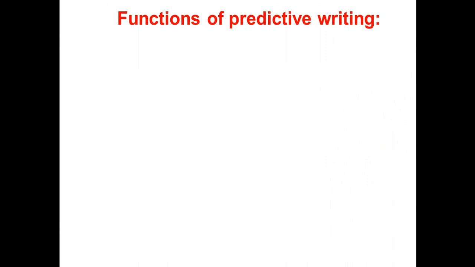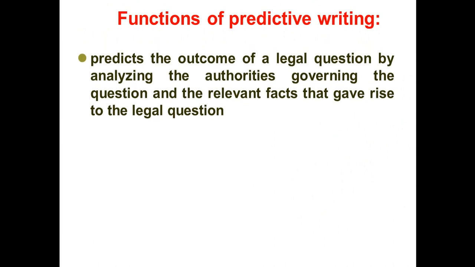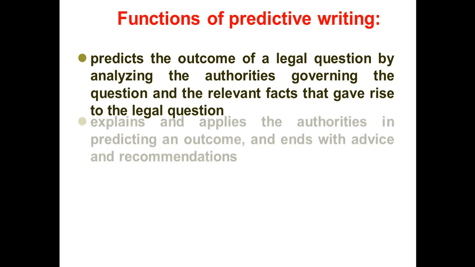Functions of predictive writing. What is it? Predictive writing predicts the outcome of legal questions by analyzing the authorities, the rules governing the questions, and the relevant facts that give rise to the legal questions.